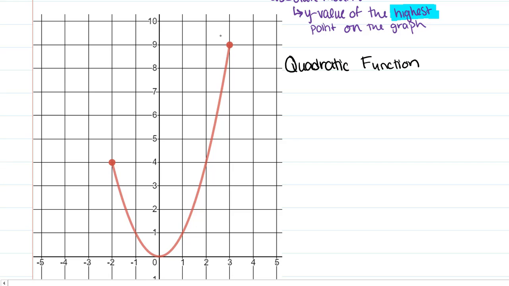And that absolute maximum is up here. This is our absolute max. And its value is 9. So the absolute maximum of this function is 9. The absolute minimum of this function, the lowest point, is down here. And it looks to be 0.